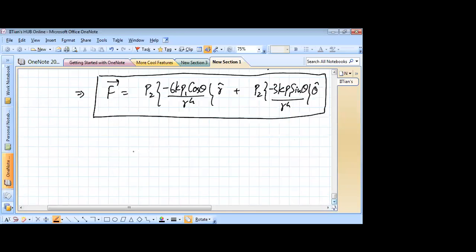So this is becoming actually something like this. That is, if you take 3P2 by R common, you are left with 2Kp1 cos theta, so you are just left with the electric field due to this one.